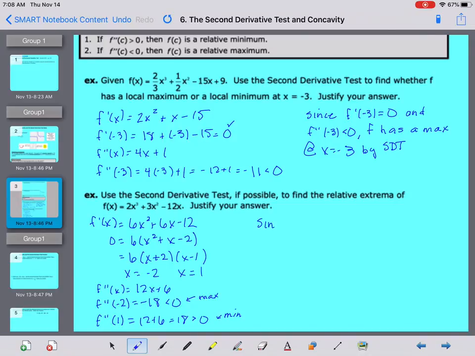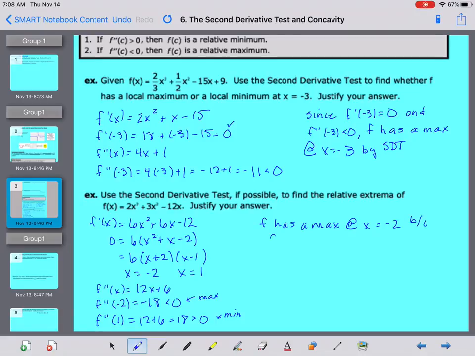So then I would say, actually let's not start with "since" because we're not answering the same type of question as above, but I would say f has a max at x equals negative 2, because, let me be consistent in what we've been doing.